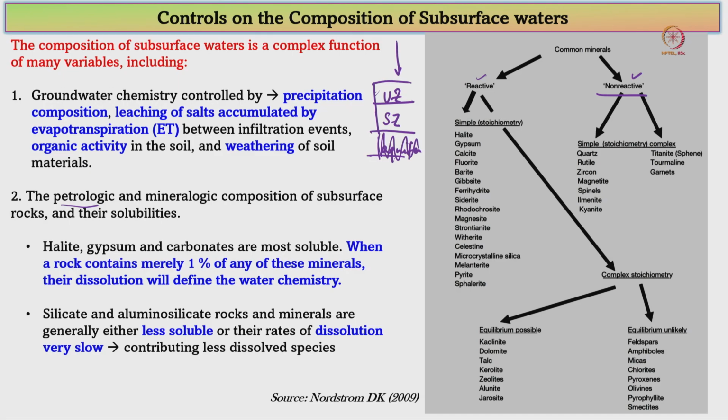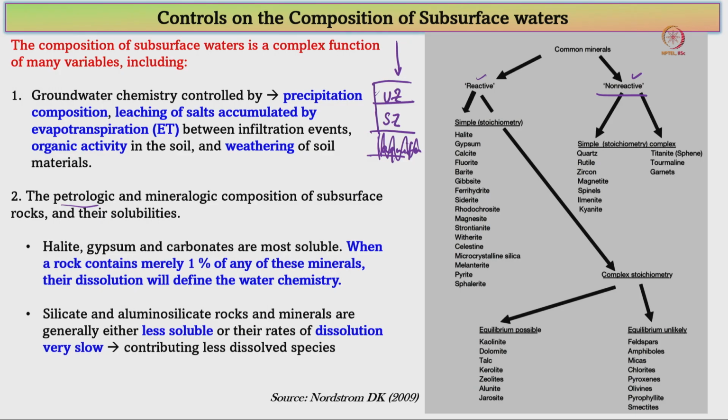The other category, which is our concern, is the reactive category, and that again can be divided into two kinds. One has simple stoichiometry, which means it can get entirely solubilized in the water; it follows the stoichiometry laws.